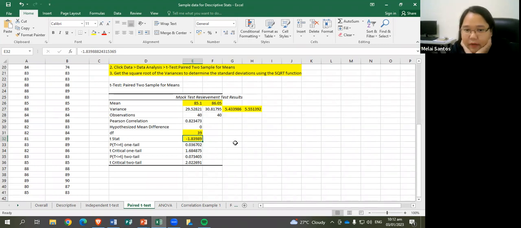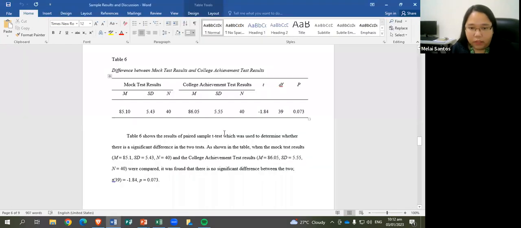It's negative because the second value is higher than the first value. It's just higher, that's why it's negative. Another important thing, we will get again the two-tailed p-value. So these are all that you need. Then we go back to Word.